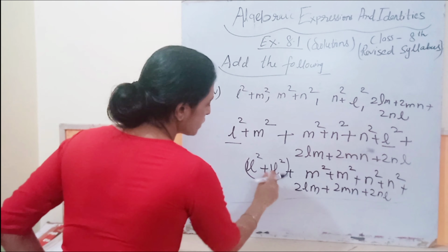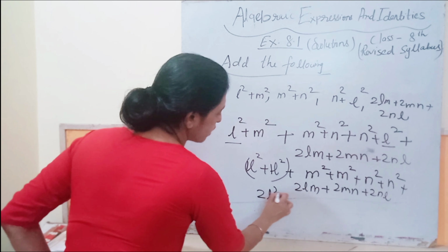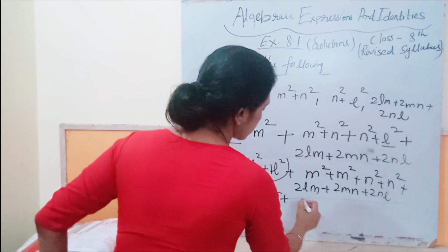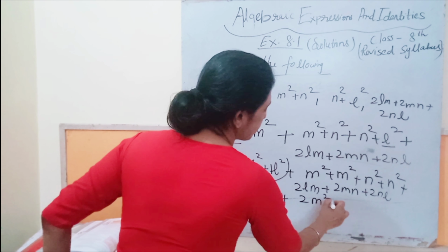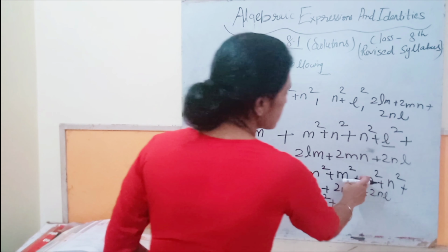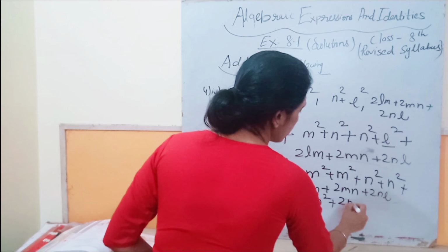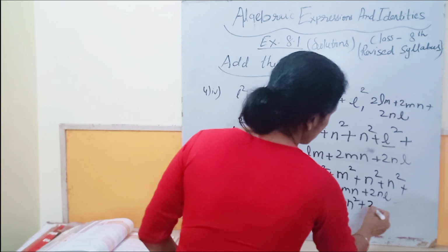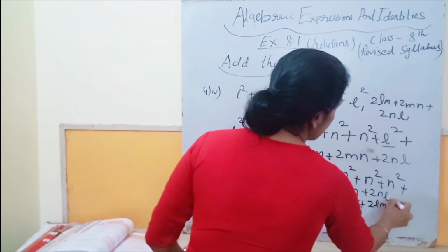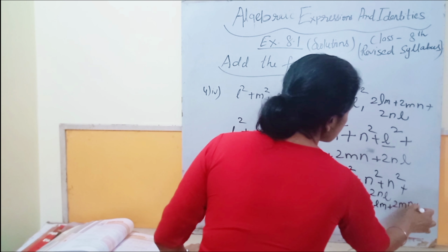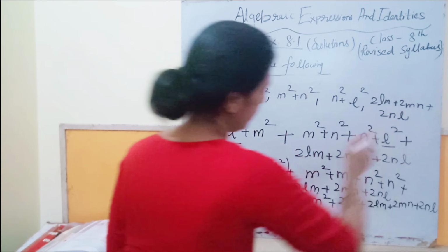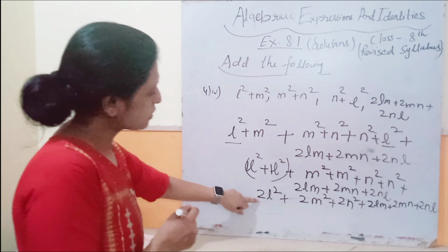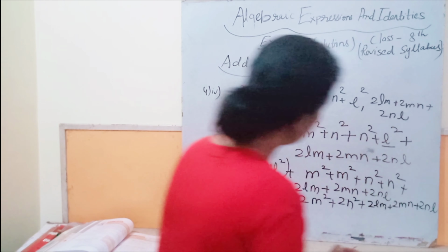So L square plus L square will be 2L square plus M square plus M square will be 2M square. N square plus N square will be 2N square plus 2LM plus 2MN plus 2NL.